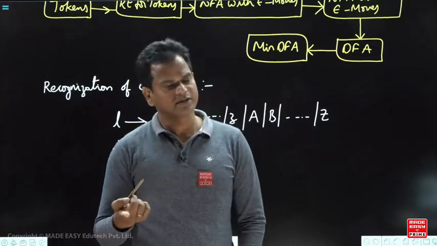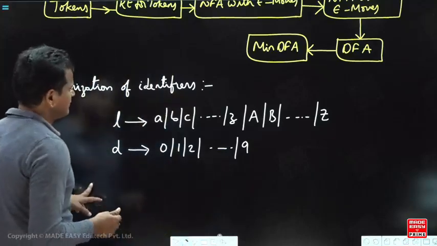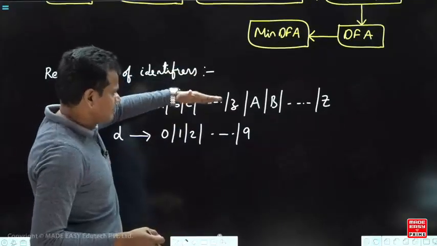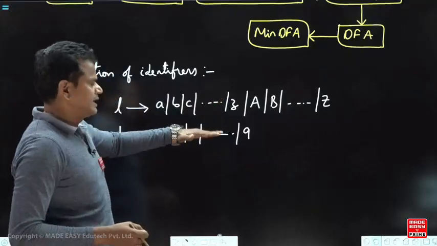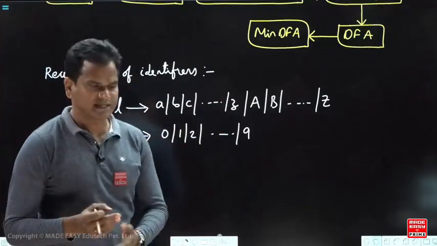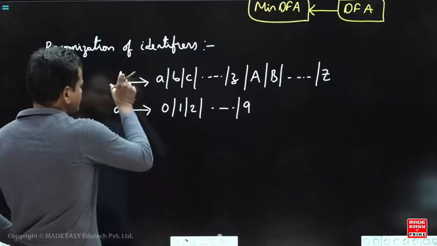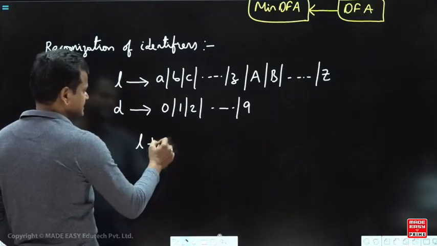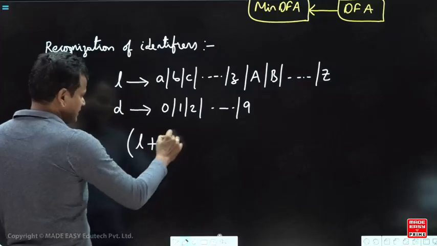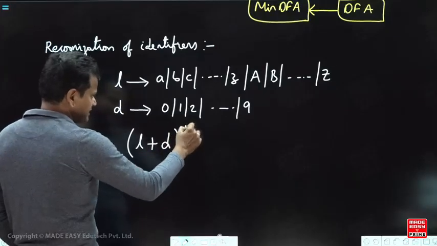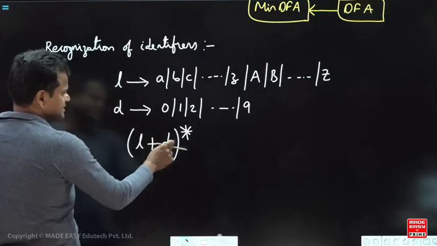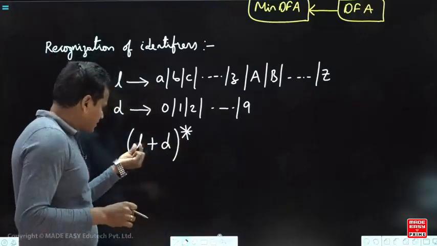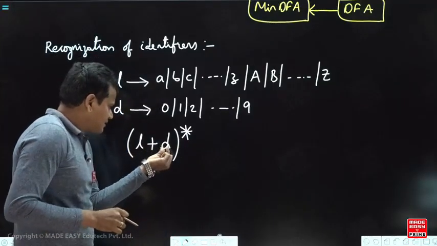Any combination of alphabets and numericals. So any combination of letters and any combination of digits. So the combination of letters and digits is (L plus D) whole star. The meaning of (L plus D) whole star is any combination of letters and digits.